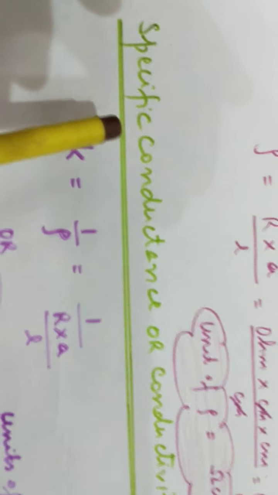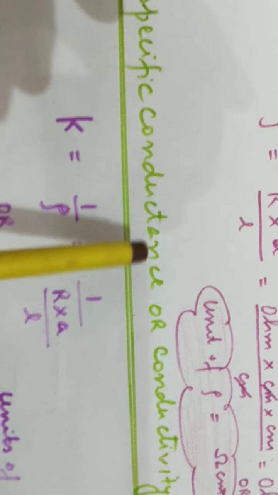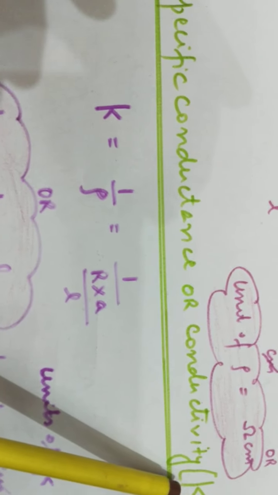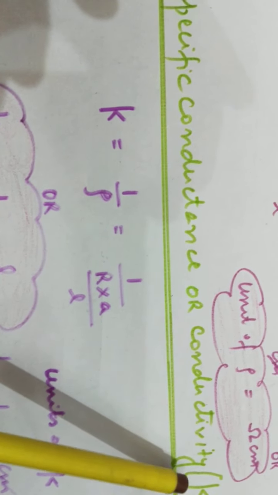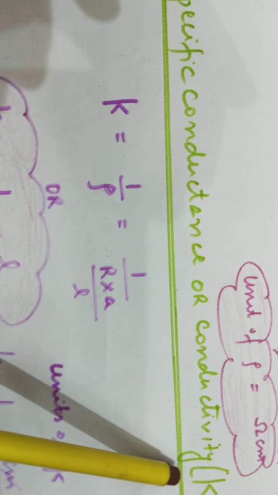Another term is specific conductance or conductivity, K. In Greek it is called kappa.